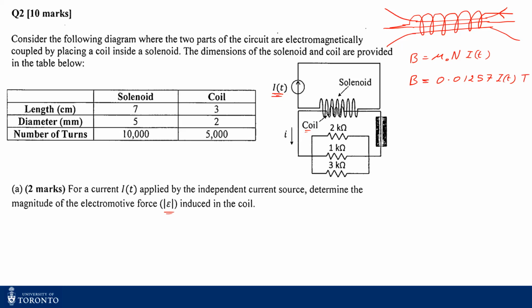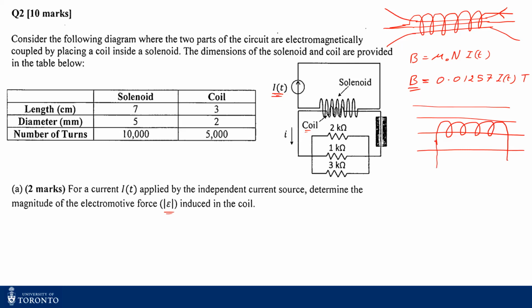Now, inside the solenoid, you have a constant magnetic field of this B, right? Now, inside that constant magnetic field, you have, let's say, another coil. Now, for sure, this will induce EMF across the coil, right?